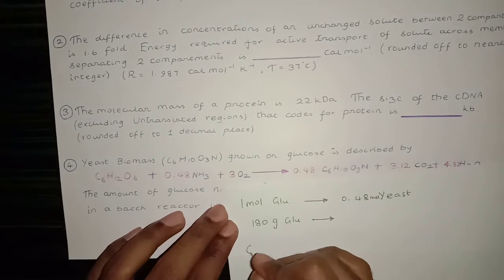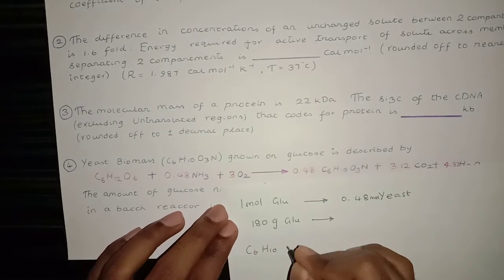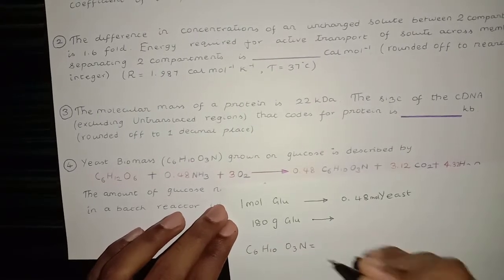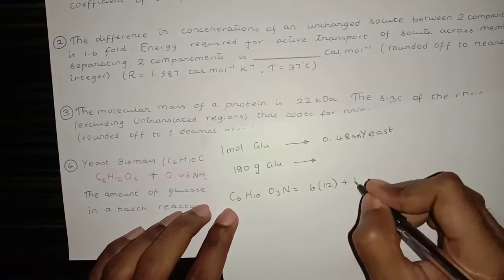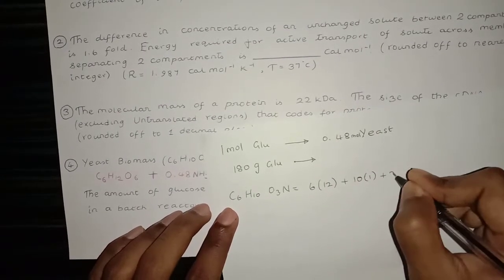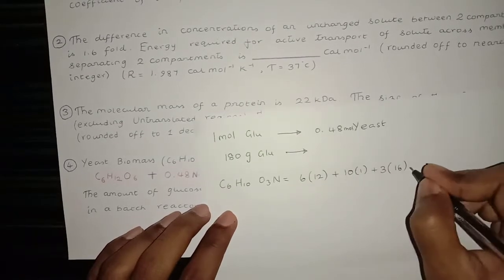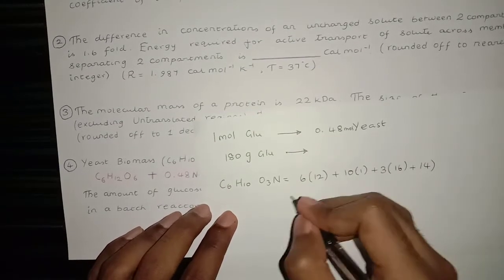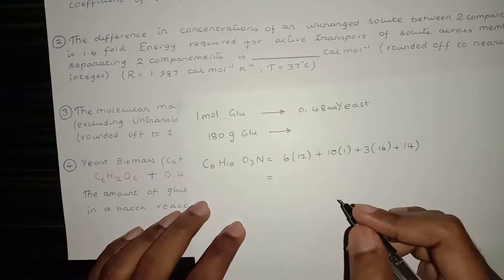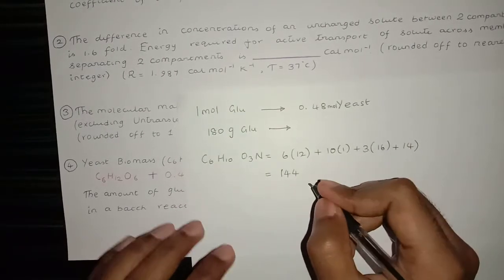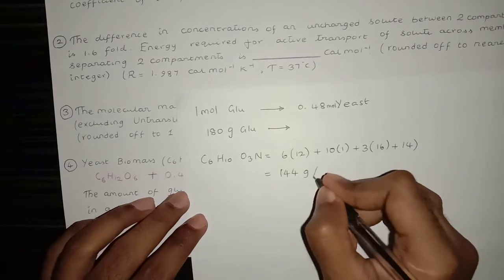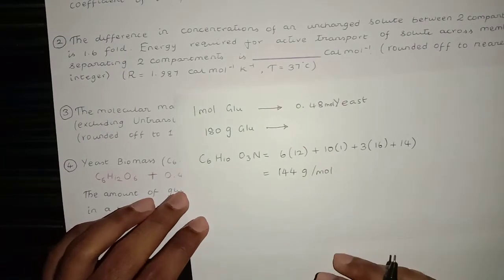So C6H10O3N: 6 into 12 plus 10 into 1 plus 3 into 16 plus 14, giving rise to 144 grams per mole of yeast.